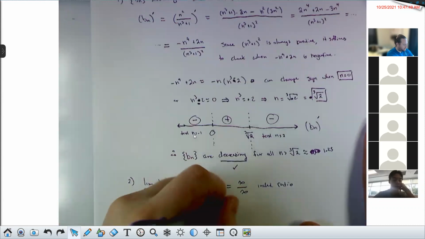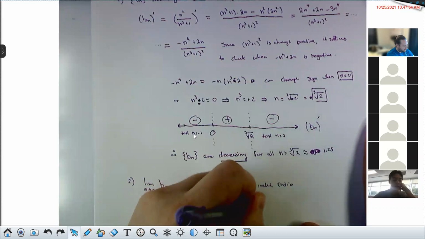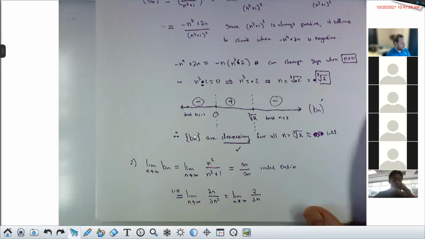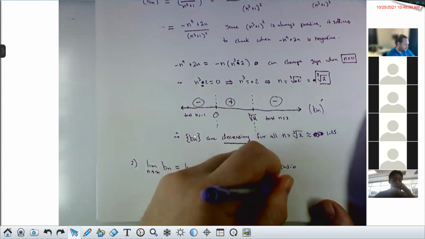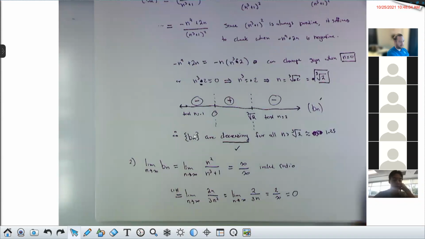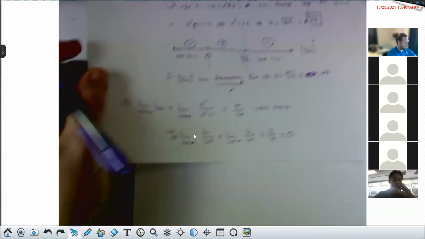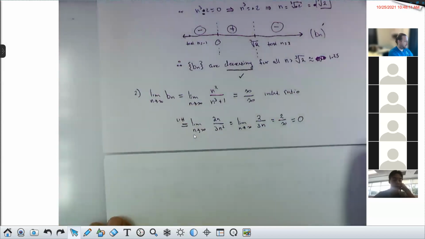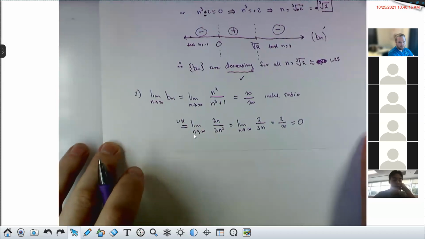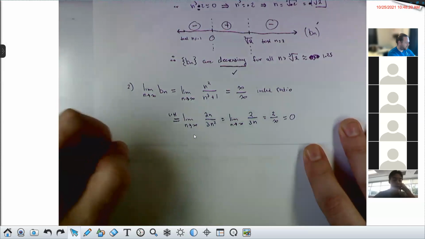And that limit, the limit as n goes to infinity of 2 over 3n, is 2 over infinity, which is 0. So the Bn's are decreasing. Takes them just a second to decrease, but then they decrease thereafter. And the limit of the Bn's is 0.